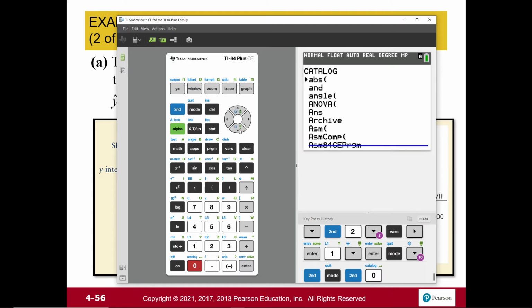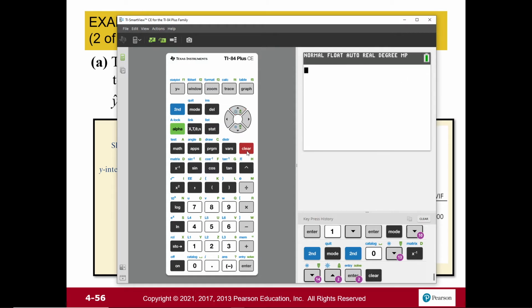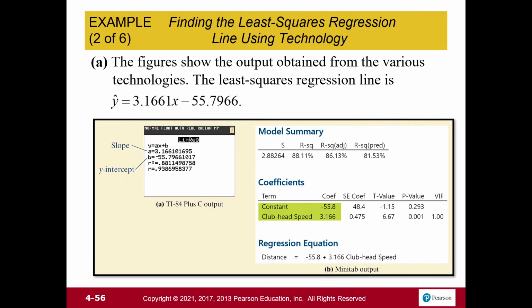This lists all of the functions. It's by alpha, so for diagnostics, I can just choose D and then scroll down. I can find the stat diagnostics. I would turn it on. It was already on. And now it will give you the R. So let me know if you're having trouble finding R. You just simply have to turn on your diagnostics.